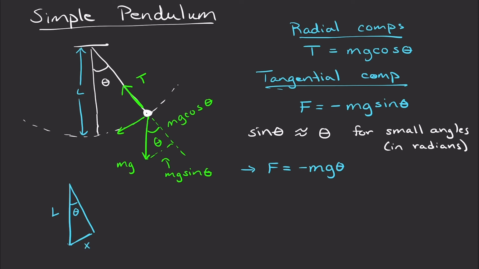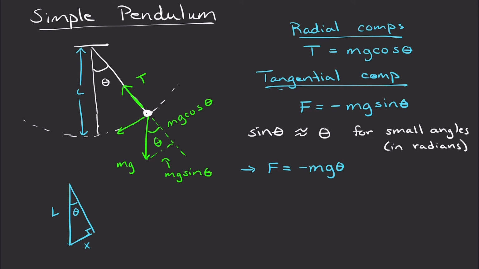If you zoomed in on it very closely and you were only making a very small angle, then this distance would be roughly straight. And your tangent component and your radial component are at right angles. So the length forms our hypotenuse, and the opposite side is our little tangential displacement x.